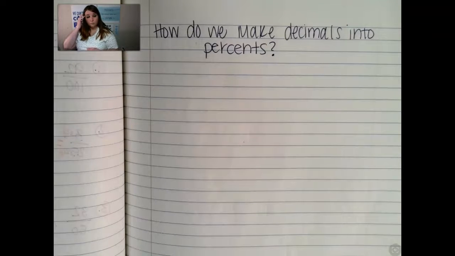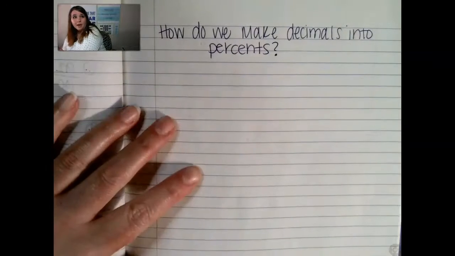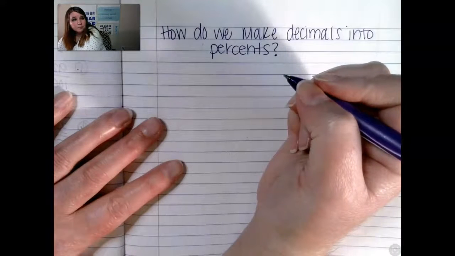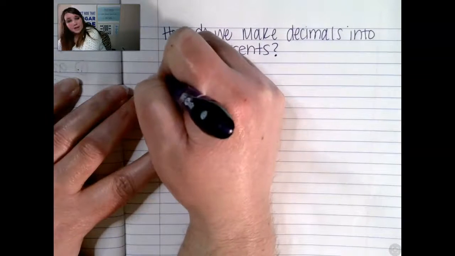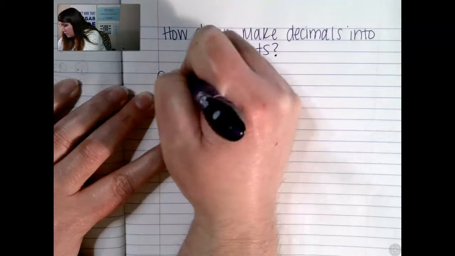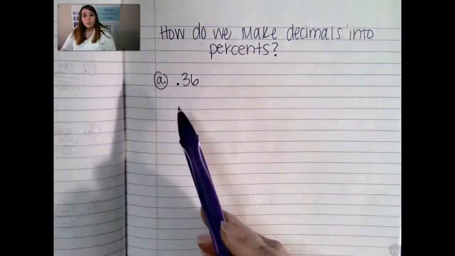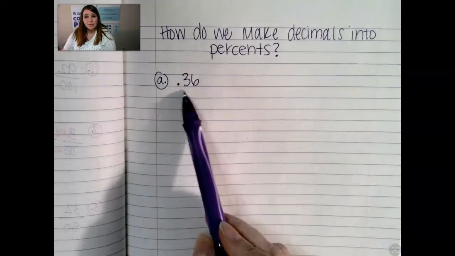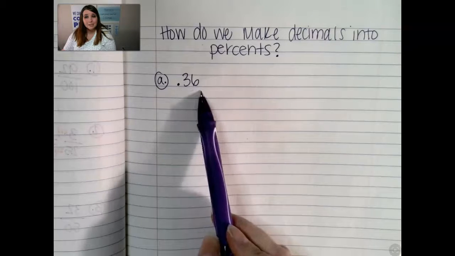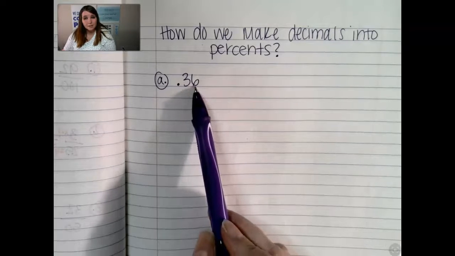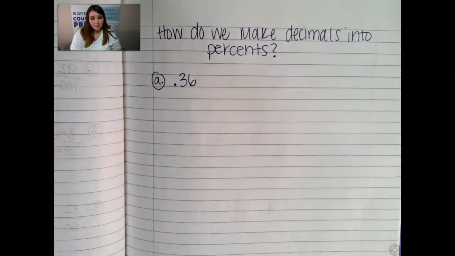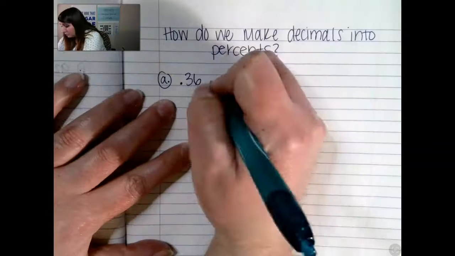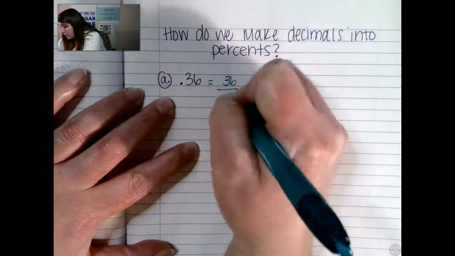So as we're looking here, we're going to first start with a decimal that says 0.36. You can read this decimal as 36 hundredths because the 6 is in the hundredths place. So the way that we're going to write this is just like it sounds, as a fraction. 36 hundredths.